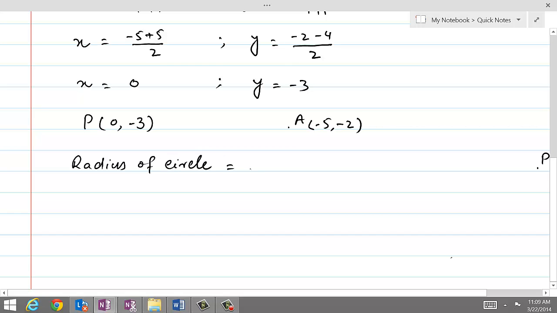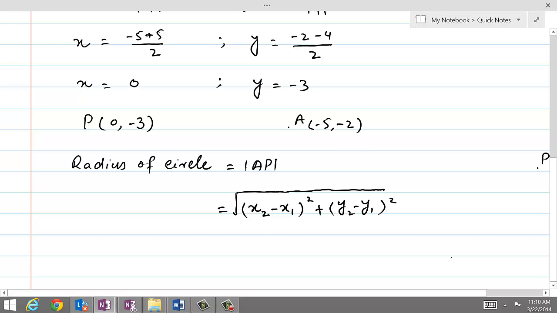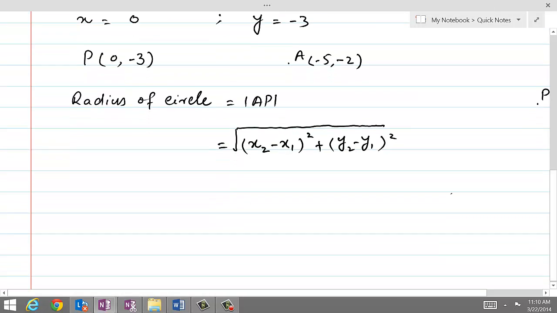We can find AP by using the distance formula, which we have done earlier in this chapter, that is the square root of x2 minus x1 whole square plus y2 minus y1 whole square. This is the formula used to find the distance between 2 points whose coordinates are given.